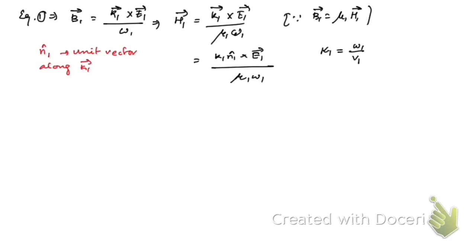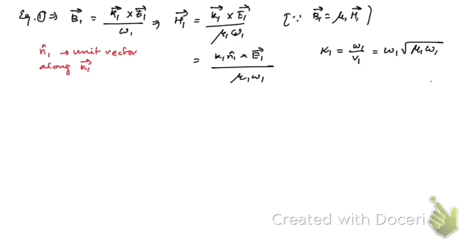right, which is the speed of the wave. And the speed of the wave is given by 1 by root over mu1 epsilon 1. That's why we can write here, you see, k1 is omega 1 into root over mu1 epsilon 1.